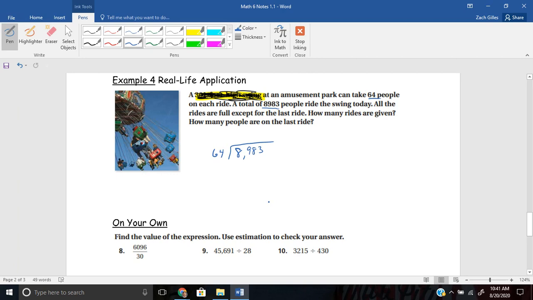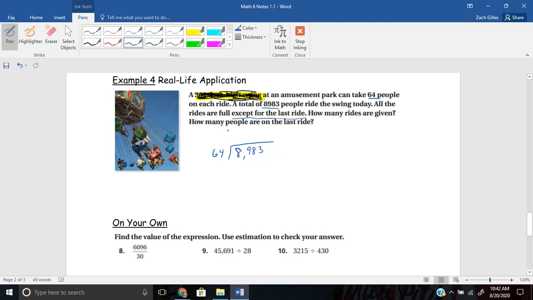The catch is that I'm guessing there's going to be some type of a remainder because it says all of the rides are full except for the last ride. So there's not going to be an even number of 64 people on the last ride. So let's see first what we get when we find out how many rides are given when we divide our total by the number of people who can ride each time.